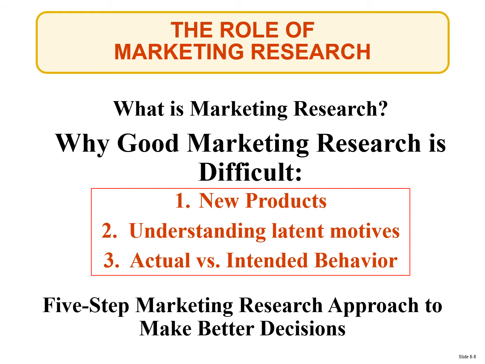So, for example, if we think about attitude towards a particular brand, then understanding those motives is very difficult, because maybe the consumer has never consciously thought about his or her attitude towards a particular brand. So if the consumer doesn't know, it's very difficult for the consumer to let us know what these latent motives are.